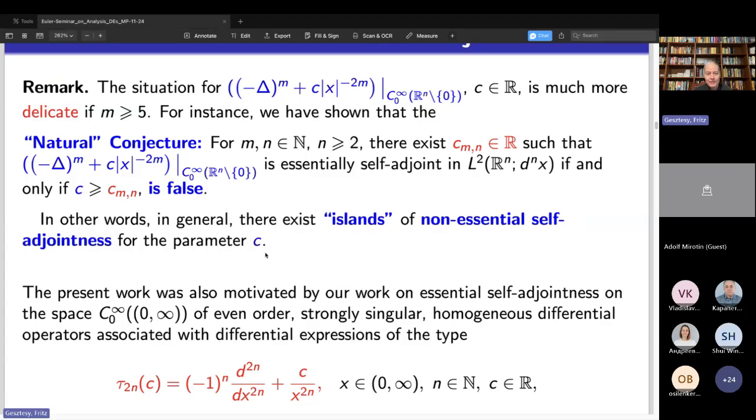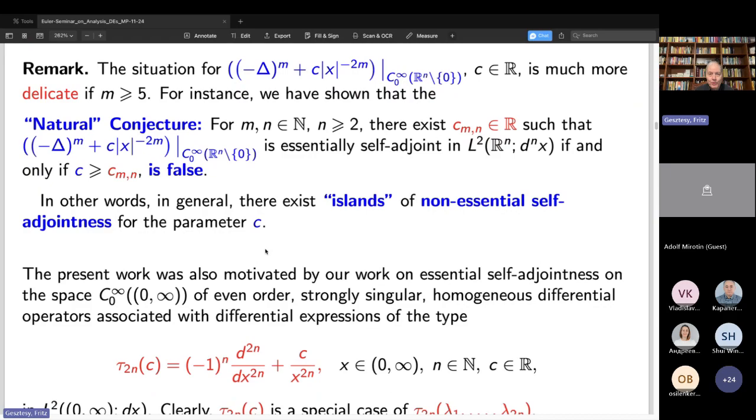On 0 to alpha and beta to infinity, the operator defined on C0 infinity of R^20 minus the origin is essentially self-adjoint, but not on the non-trivial interval between alpha and beta. So there is an island of non-essential self-adjointness, figuratively speaking.